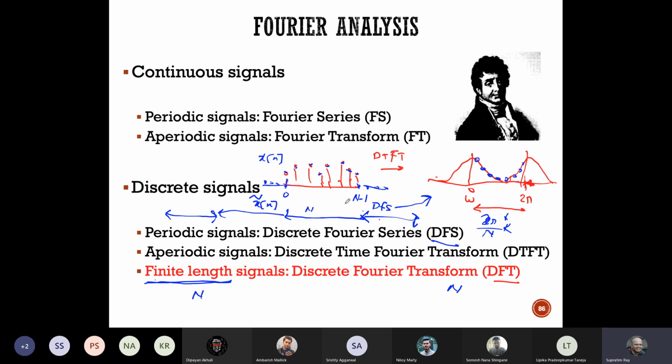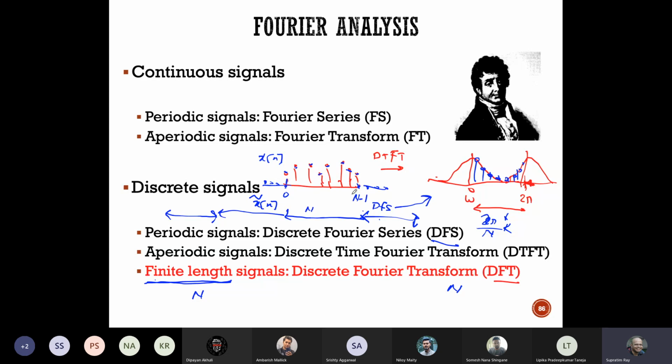The discrete Fourier transform is nothing but either you can look at it as the discrete Fourier series of a periodic signal obtained by making infinite copies of the finite length signal that was given to you, or it can be thought of as n equally spaced samples in the frequency domain of the DTFT of the signal you would have got, which was zero everywhere else except between 0 and n minus 1.